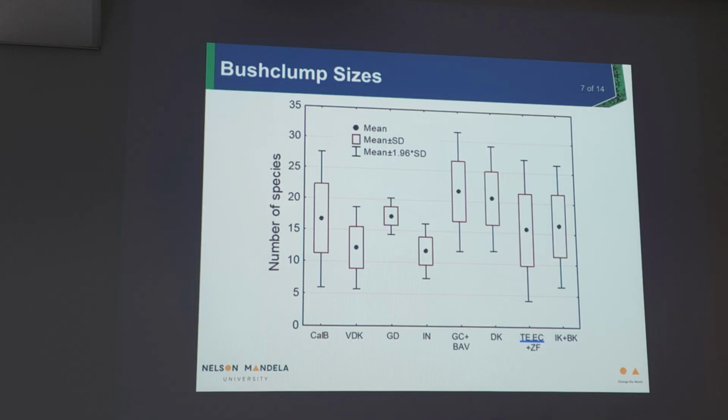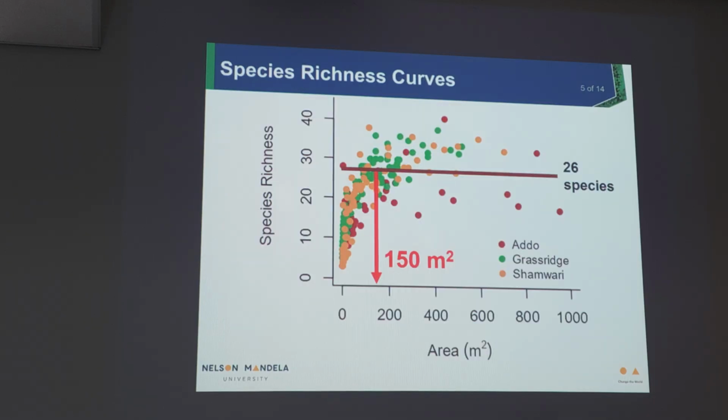This is a little bit less than the 26, as you can see, because of course some of her bush clumps would have been a little bit smaller than the size from some of them will have been a little bit smaller.